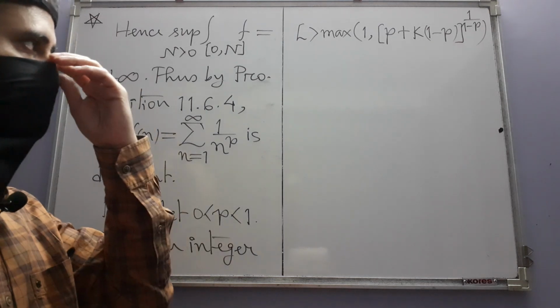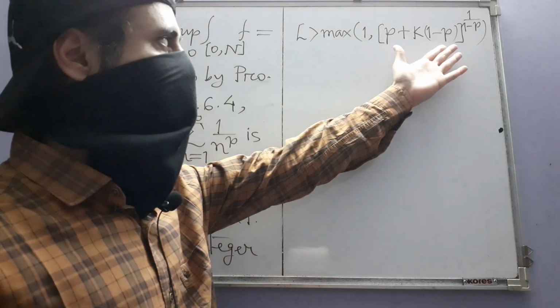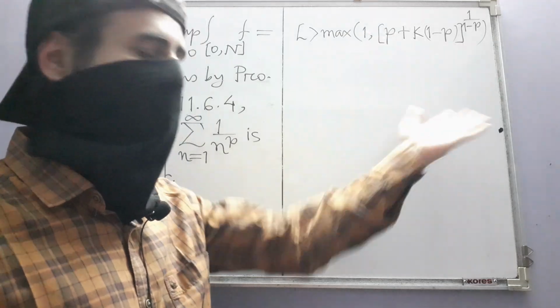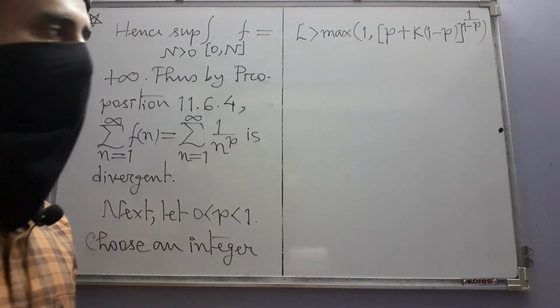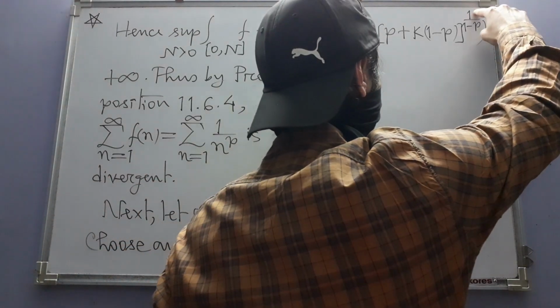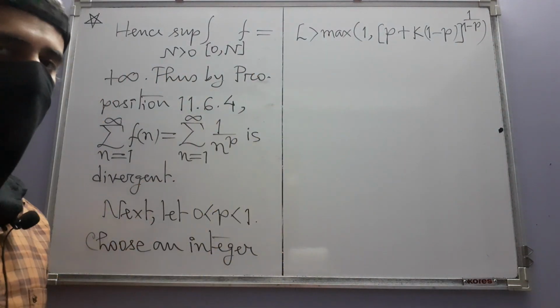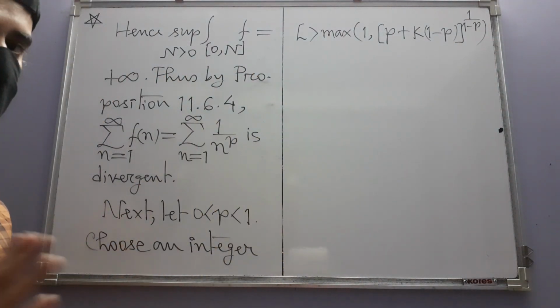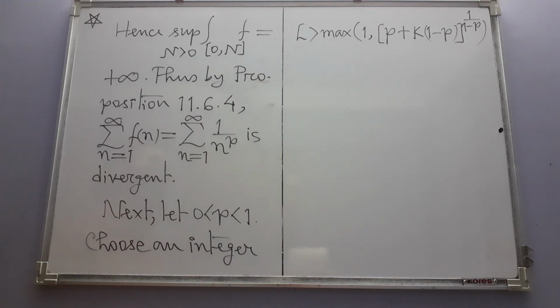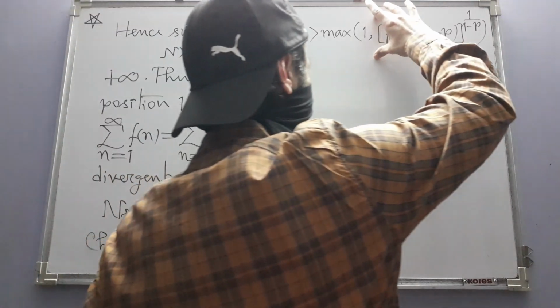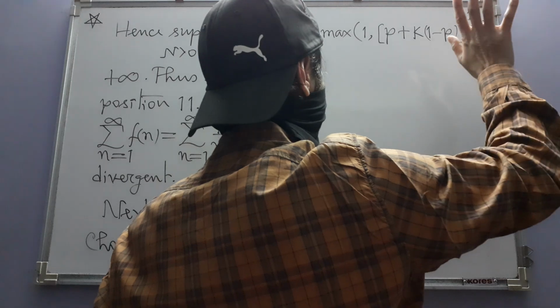And that is why the exponent doesn't matter. We have a positive base, the exponent can be anything. But again, we have a ratio here. Note that 1 minus P is not equal to 0. So that problem is also not there, division by 0. So yes, this will be a positive real number, whatever it is.